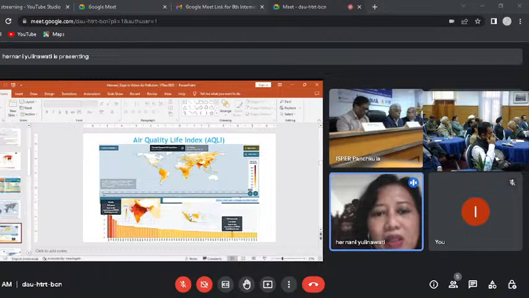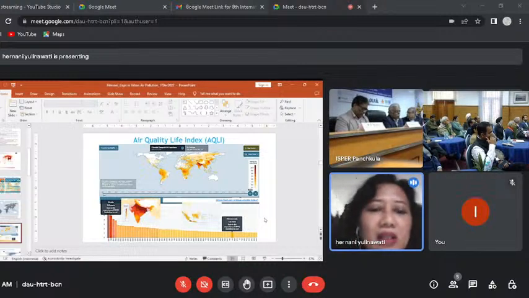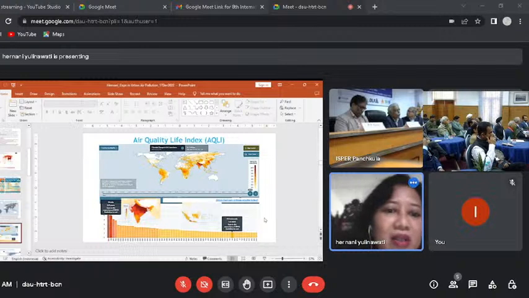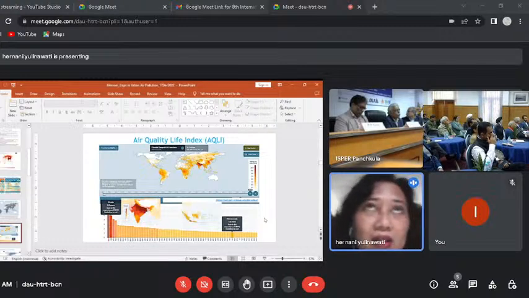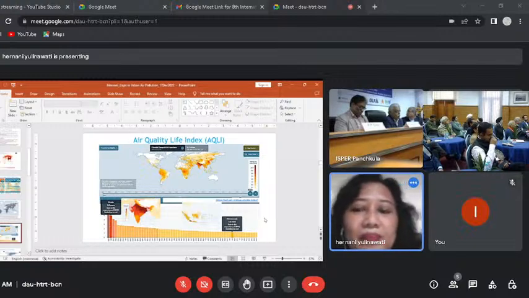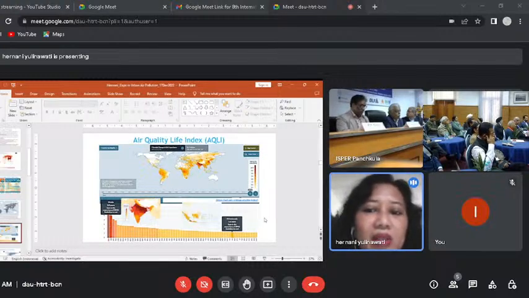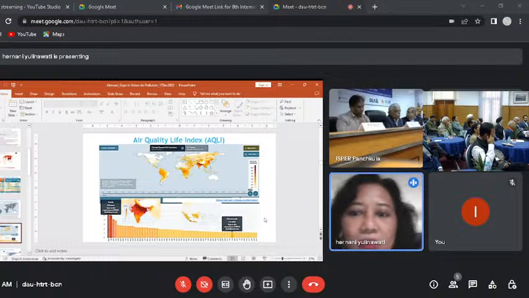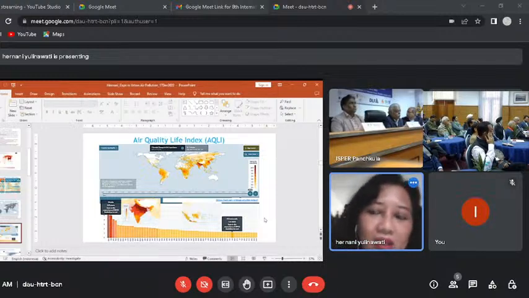But if we can meet the WHO standards, India will gain 5 years compared to the current condition, and Indonesia will have 1.2 years gain in life expectancy.